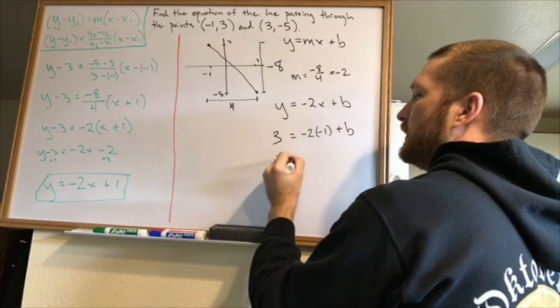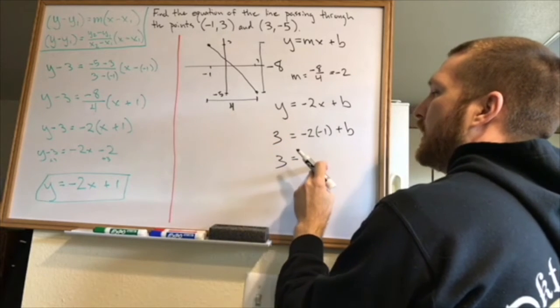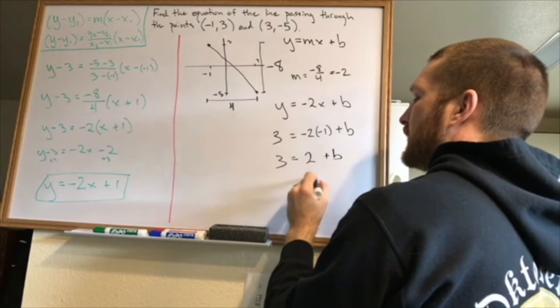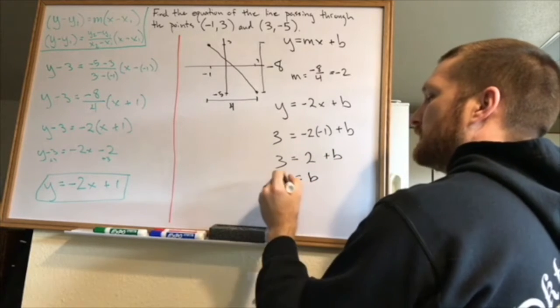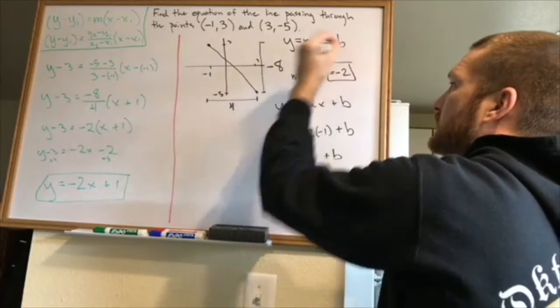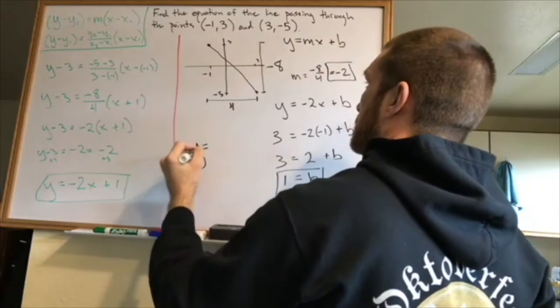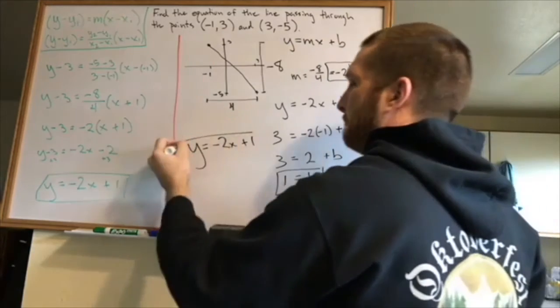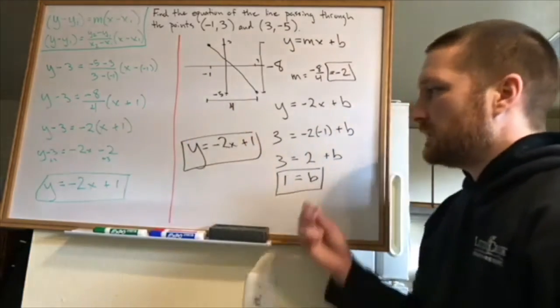Okay, so 3 equals +2 plus b. Subtracting 2 from both sides gives me 1. b equals 1, m equals -2. So y equals -2x plus 1. Much easier.